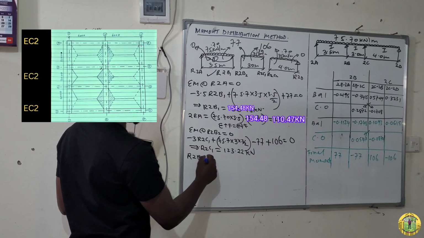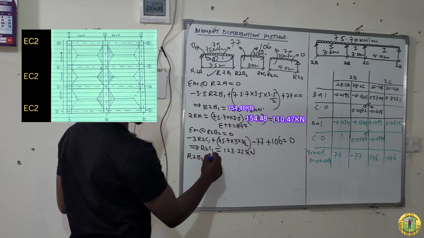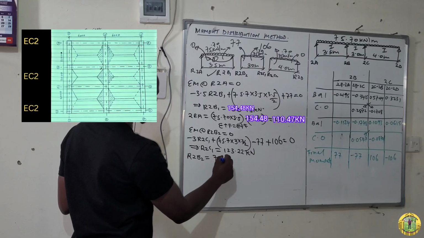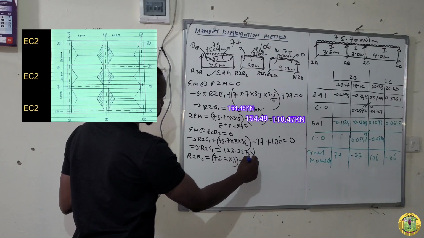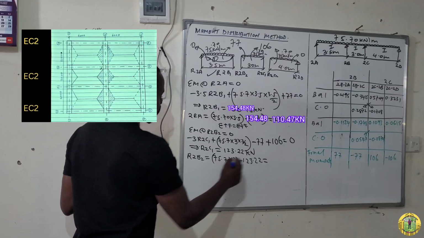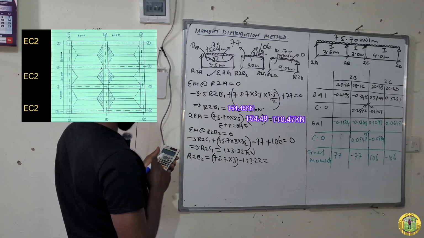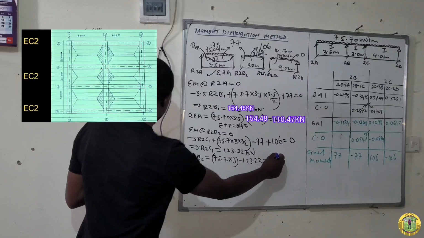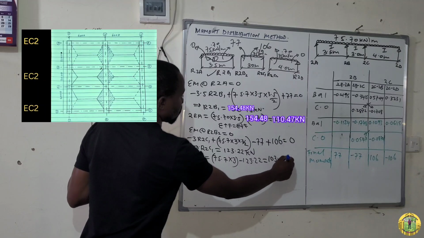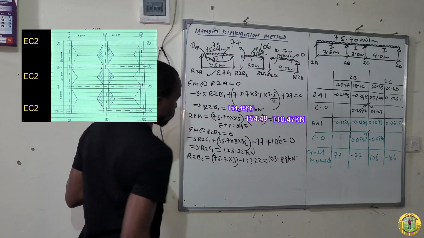And then for R2B2 is equal to 75.7 times 3 minus 123.22. So this is 103.88 kilonewton.